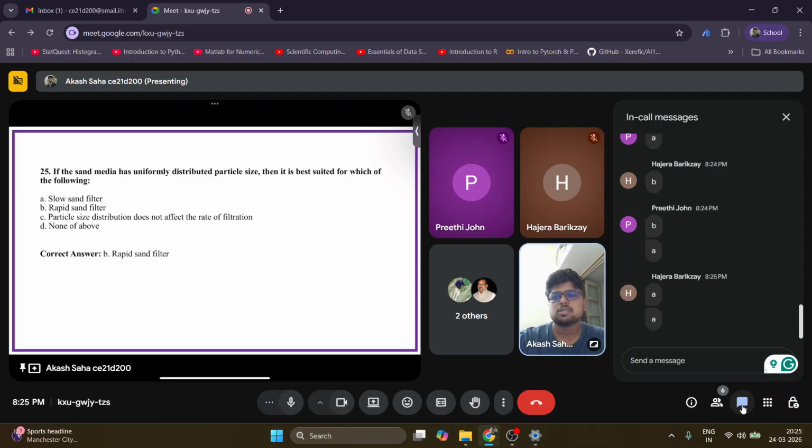Because for uniformly distributed particle size, we generally go for a rapid sand filter, not a slow sand filter. Because slow sand needs more closely packed pore size. So uniformly distributed won't help.